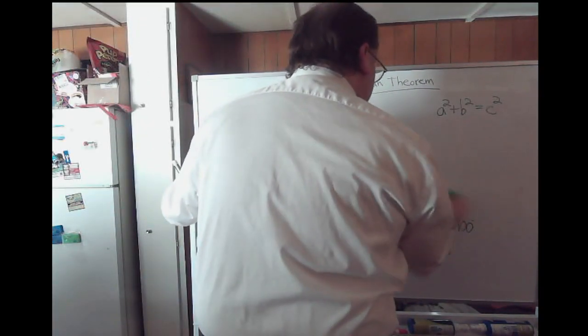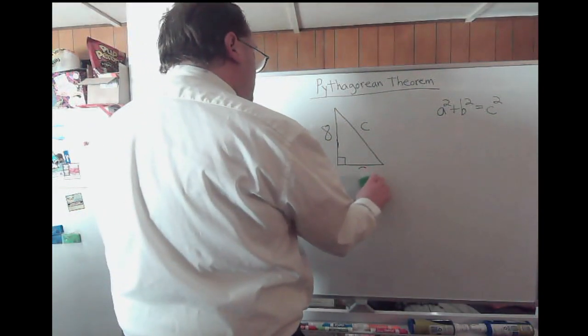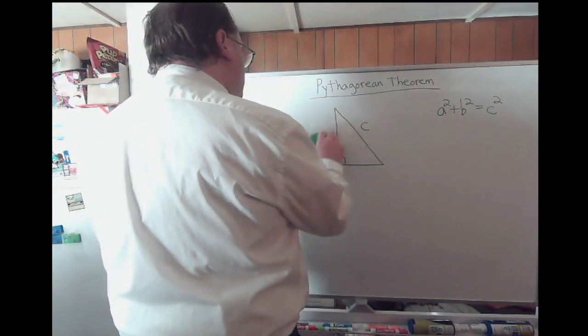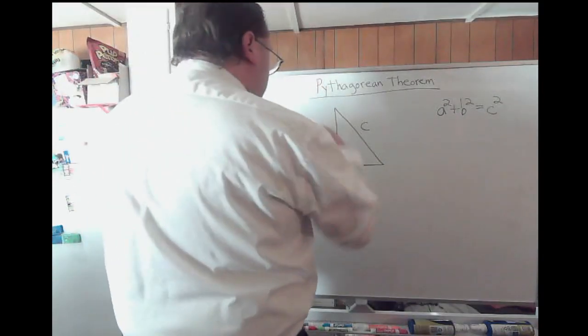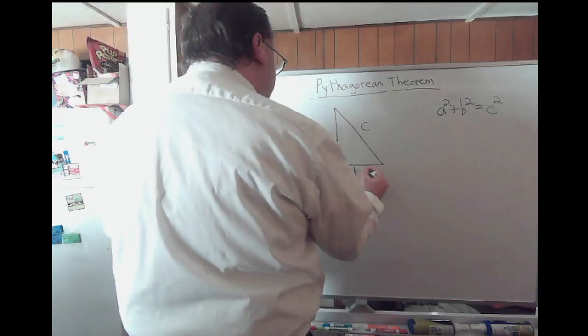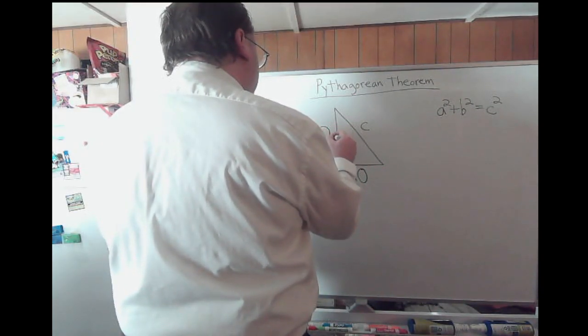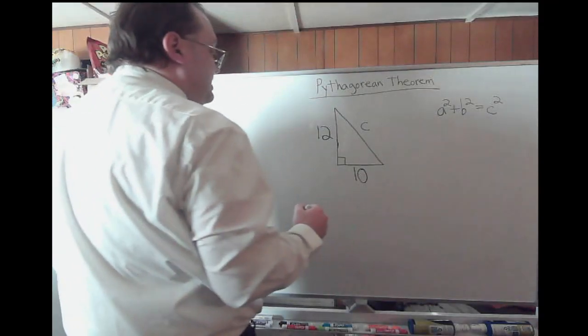Let's do one more example of finding the hypotenuse. Let's say we have 10 and 12. We have 10 and 12, right?